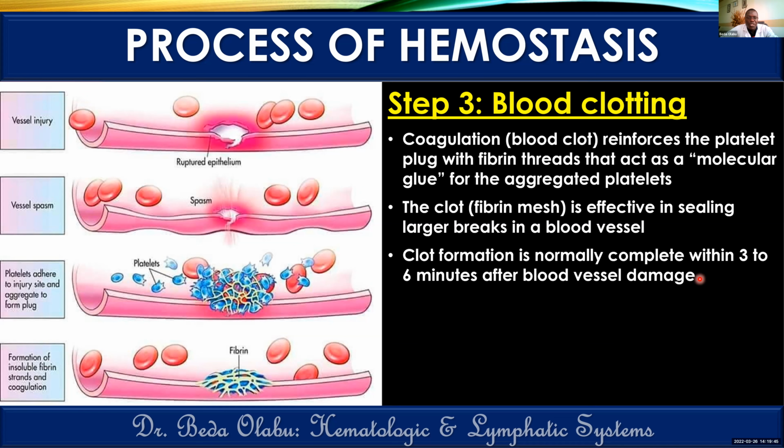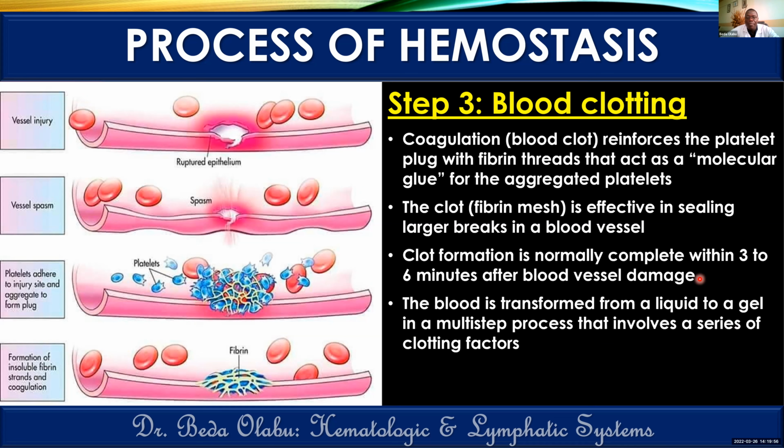Platelet plug formation also occurs within a few seconds. But now formation of a blood clot takes some minutes. During that process, blood is transformed from liquid to gel by a series of clotting factors. It is converted from that liquid to a gel, something semi-solid, semi-liquid. It is converted to a thick gel, which we are calling the clot.